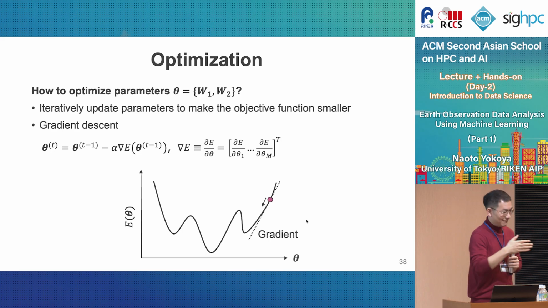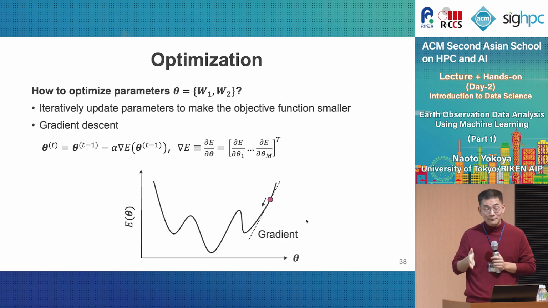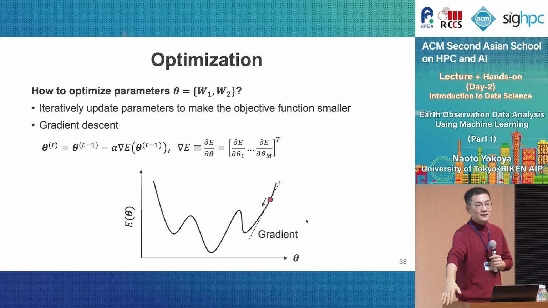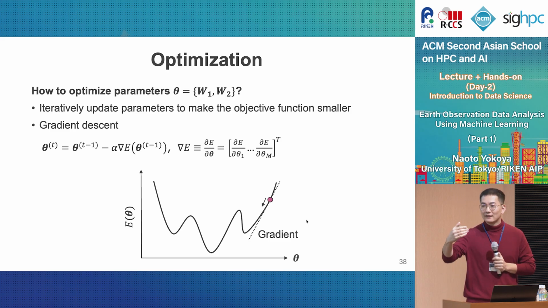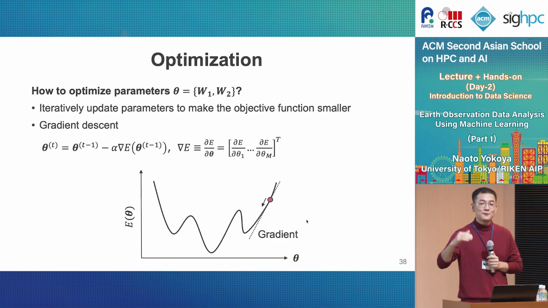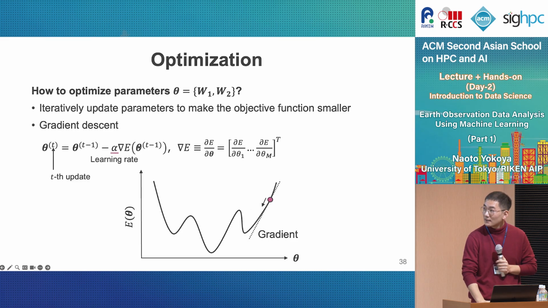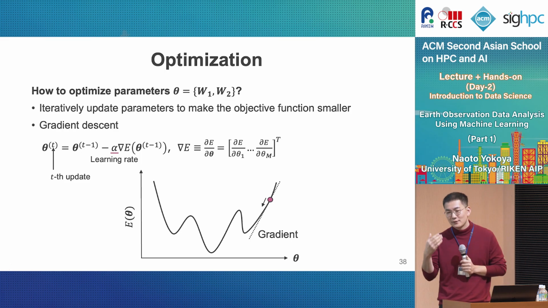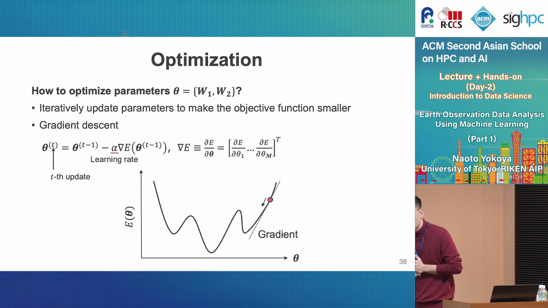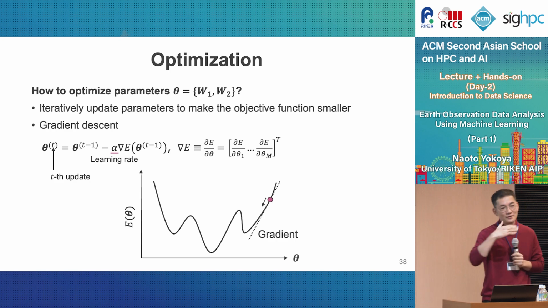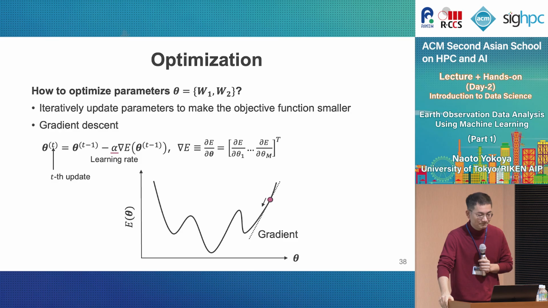Then you try to find the direction where the slope is steepest. If the step size is the same, you can go down faster, right? So we calculate the gradient, and then update this parameter set. This step size is called the learning rate, and it's an iterative process, so we gradually change, oh, maybe we should go in this direction, or maybe in this direction. So we gradually change the parameters, okay?